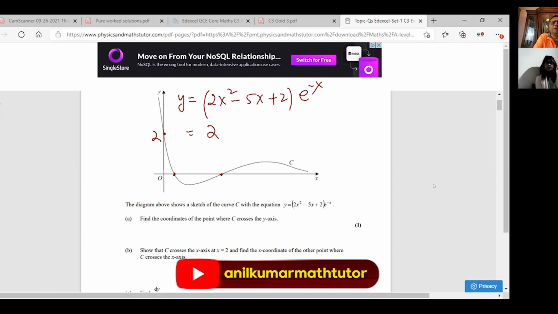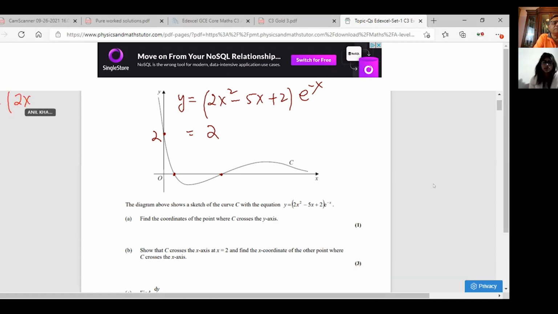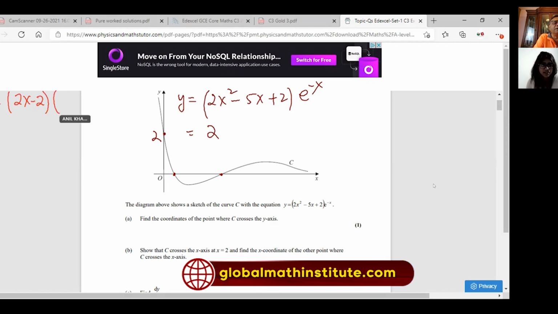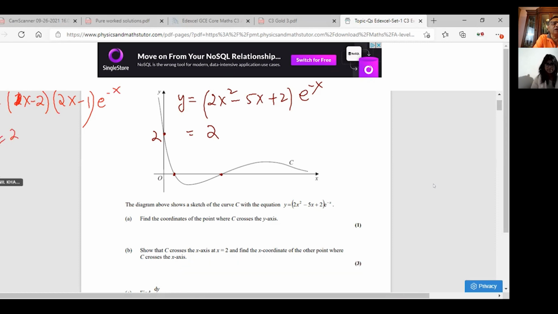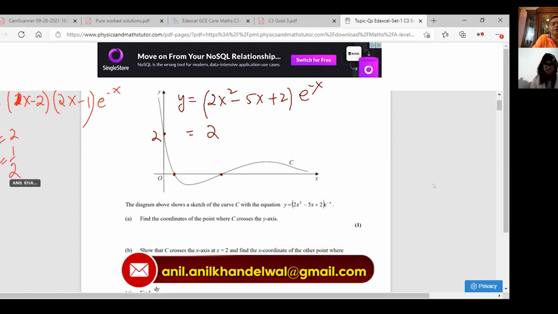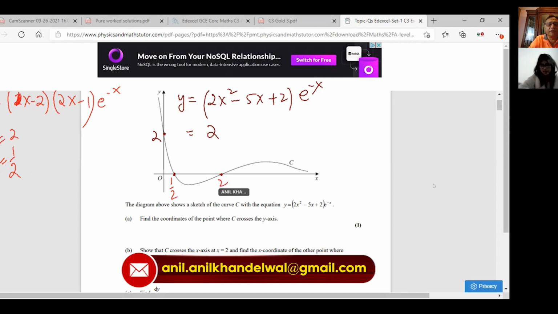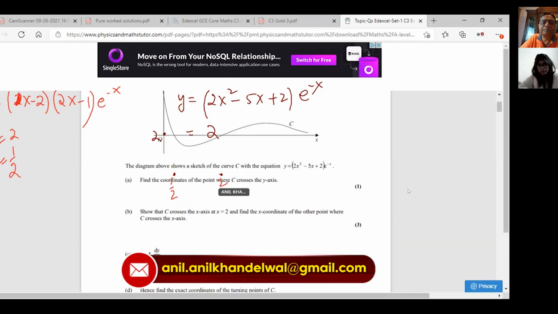Tell me what is the factored form of this? 2x minus 1 times x minus 2, times e to the power of minus x. So definitely you get x equals 2 and x equals a half, right? So those are your 2 points, correct? Yep. Very good.